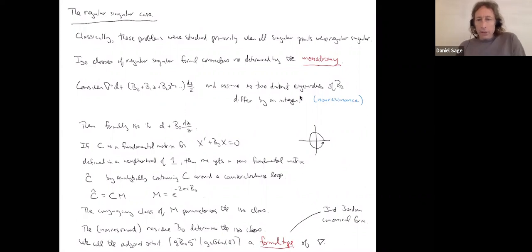To make things easier, let's assume that B0 is just an n by n matrix with constant coefficients. Maybe I didn't make that clear here: B0, B1, B2, these are all just constant n by n matrices. The z dependence is simply in the Laurent series. So let's assume that no 2 distinct eigenvalues differ by an integer.